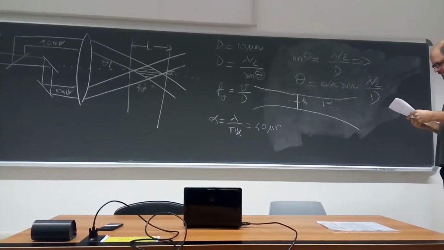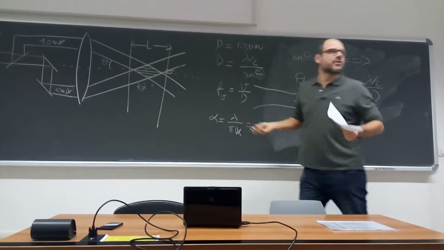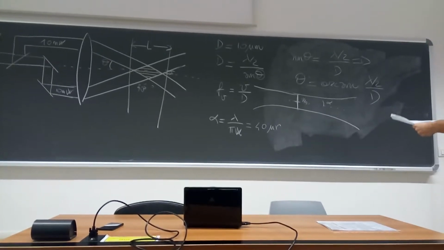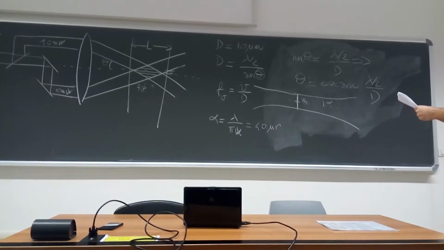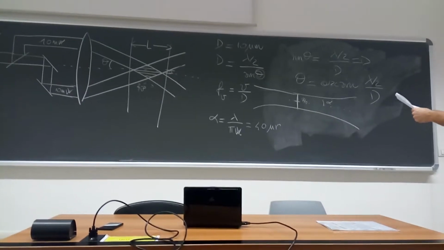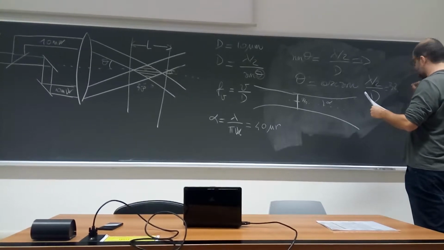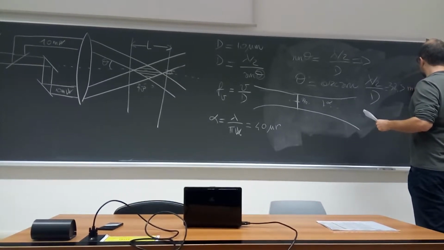And of course the wavelength, this is a HeNe laser, you should know the wavelength. And so what we get is 32.5 milliradian.